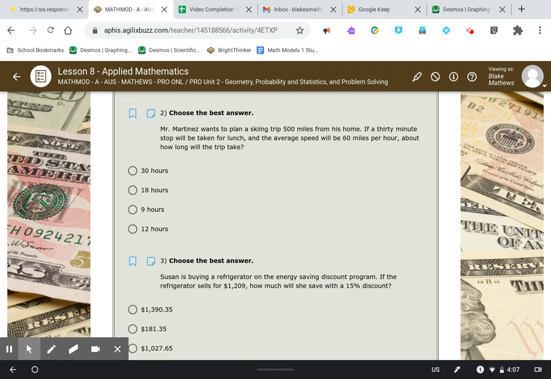Next one, Mr. Martinez wants to plan a skiing trip 500 miles from home. If a 30-minute stop will be taken for lunch and the average speed is 60 miles per hour, about how long will the trip take? Well, we know that the trip is 500 miles and that each hour they're going to go 60 miles.